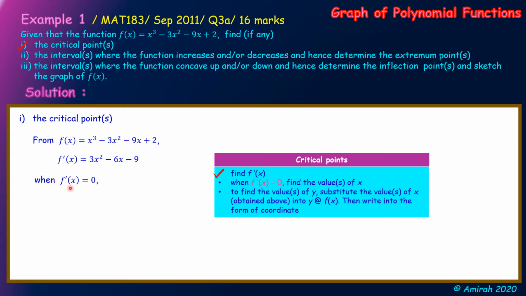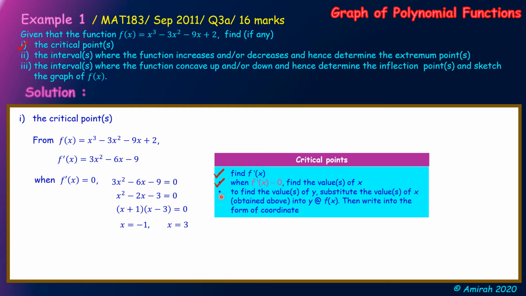When f'(x) equals 0, our f'(x) equals 3x squared minus 6x minus 9 equals 0. Then we can simplify by dividing by 3, so we have x squared minus 2x minus 3 equals 0. Then we can factorize the quadratic, so we have x equals negative 1 and x equals 3.